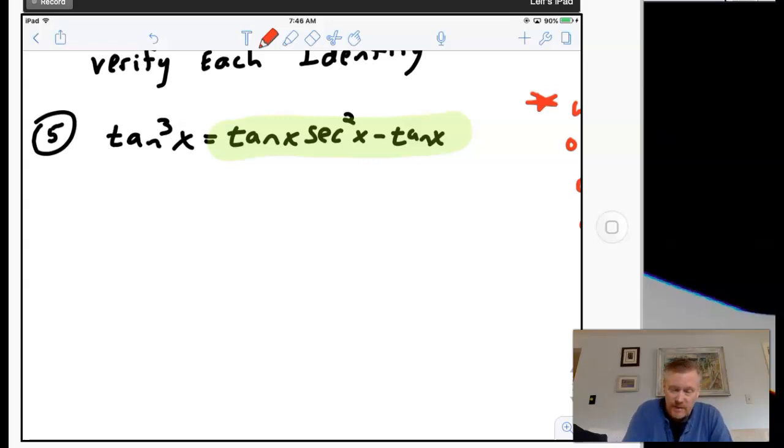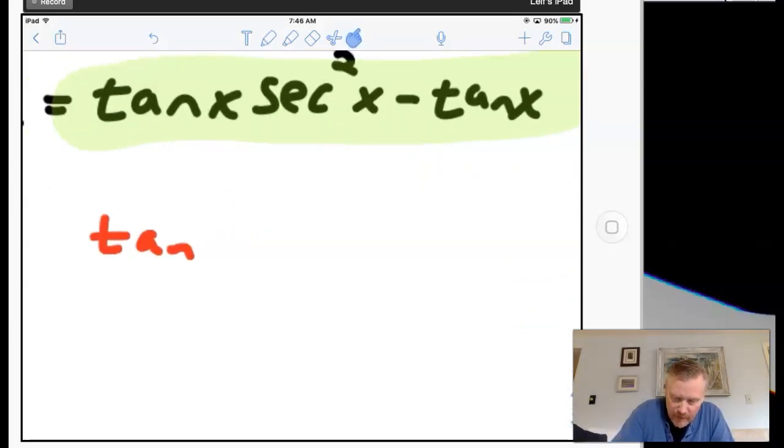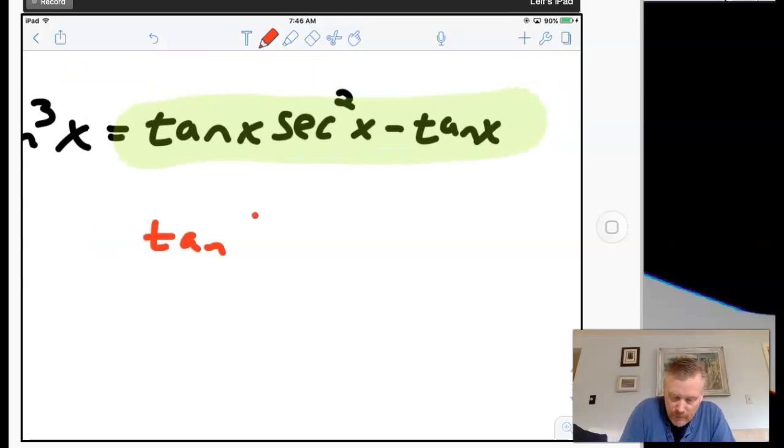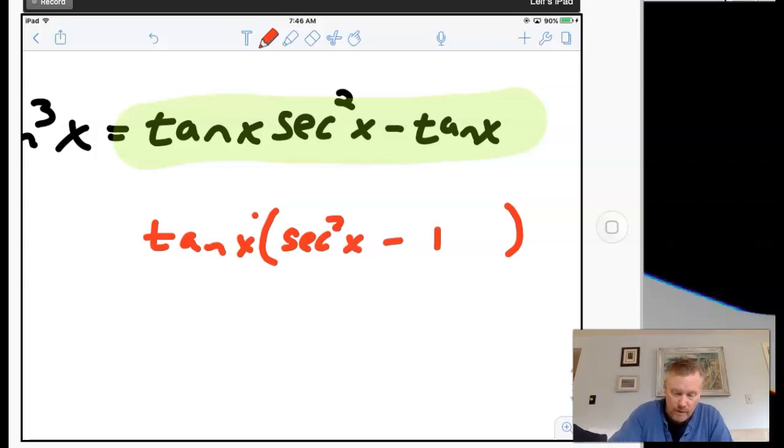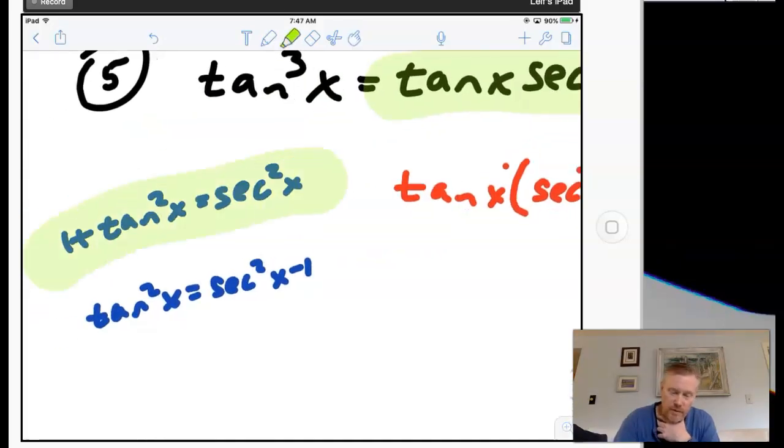So first thing is I can pull a tangent out of this. I'm looking at that and I'm thinking, okay, I can pull a tangent of x out of that. If I do that, what's left? Well, I got secant squared of x minus tangent divided by tangent is 1. Now I'm looking at my formula sheet and I'm going, geez, is there anyone in there with a secant squared and a 1? If I look at my formula sheet, you should see this one here, right?